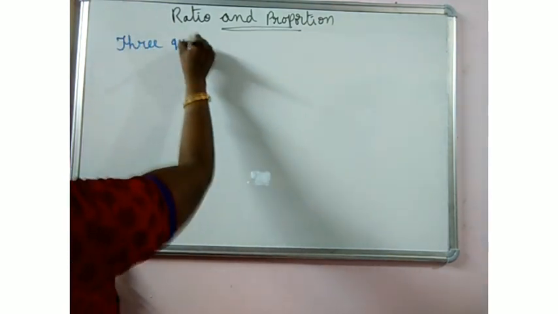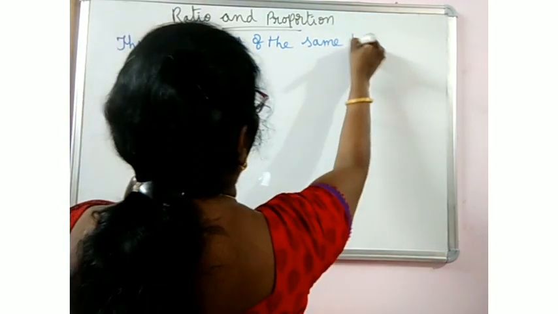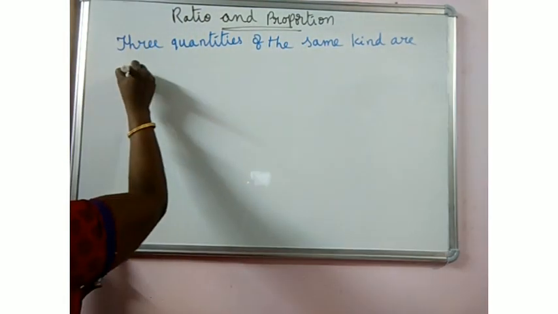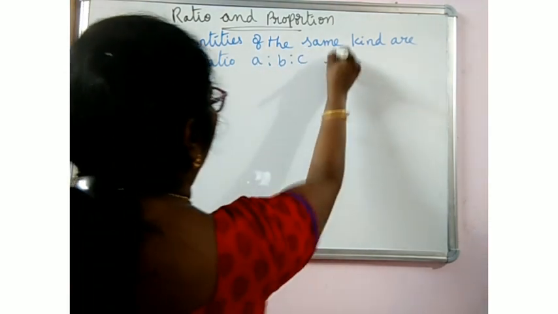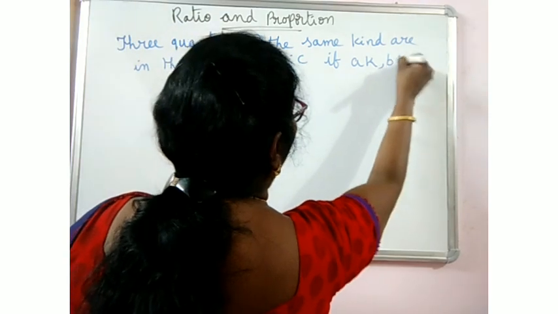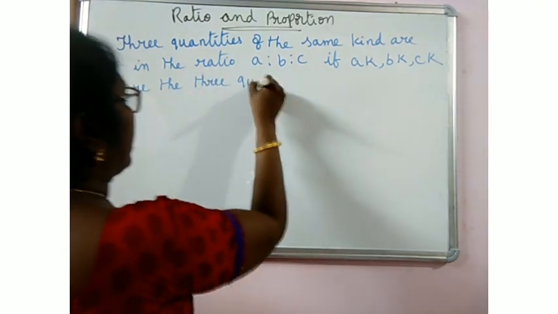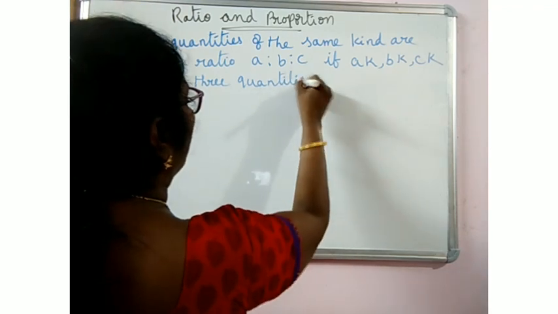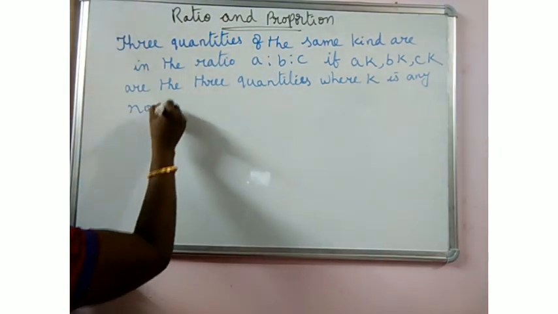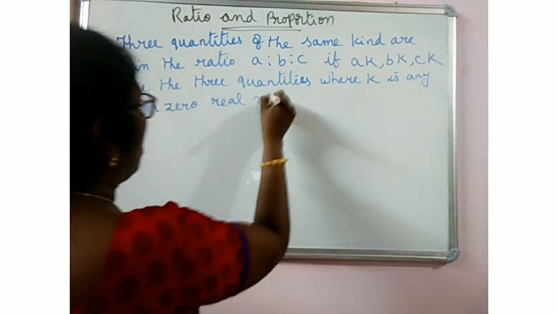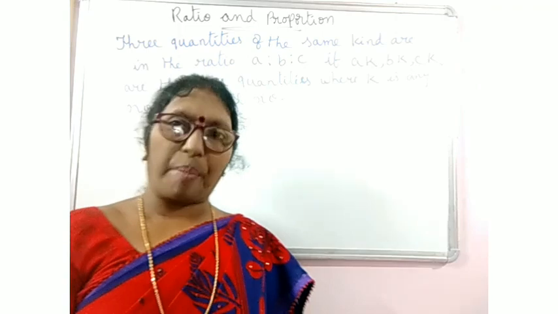Three quantities of the same kind are in the ratio A is to B is to C if AK, BK, CK are the three quantities, where K is any non-zero real number. Okay?